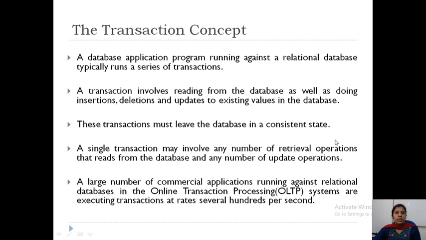A database application program typically runs a series of transactions. Whenever we say database application program that uses the relational database, it runs a series of transactions. Now what is meant by transaction?